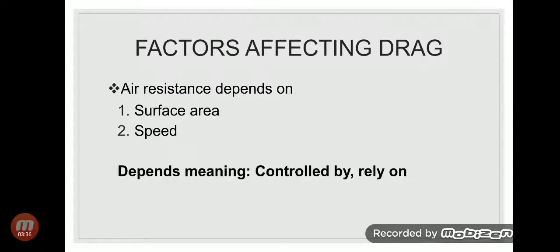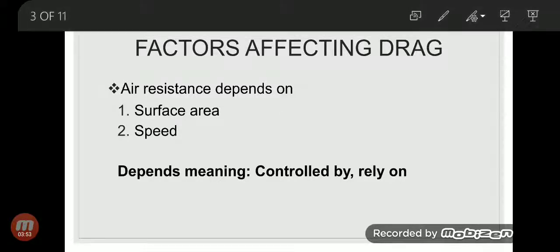Now factors affecting drag. Factors mean the things or the points which will affect the air resistance. So air resistance depends on number 1, surface area, and number 2, speed.